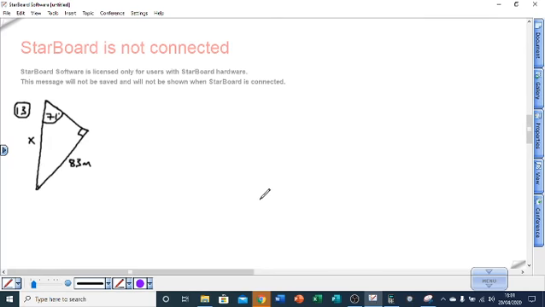Right, nearly there. Question 13. We've got a right angle triangle, an angle involved, it's trig. This is opposite, this is adjacent, this is hyp. So circle the ones you need to know and know.